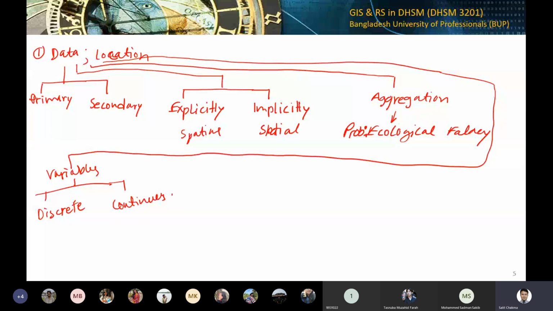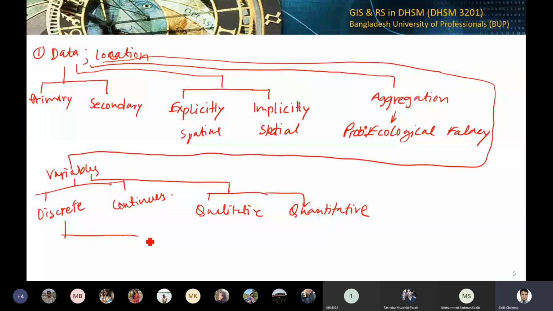Another type could be qualitative and quantitative. Now this discrete, continuous, qualitative, and quantitative, all of them deal with scale.